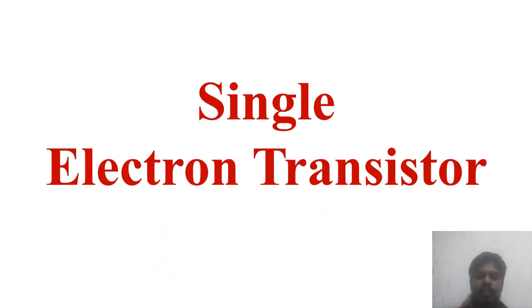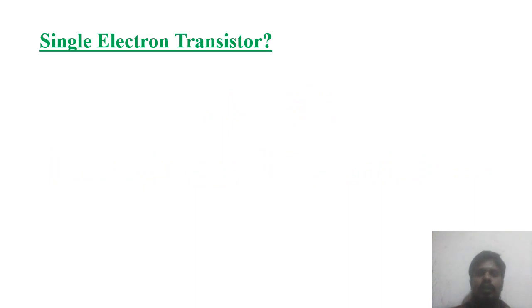So now we are going to see the single electron transistor based on the Coulomb blockade effect, how the single electron transistor is working. That's the thing we are going to see now. So what do you mean by the single electron transistor?